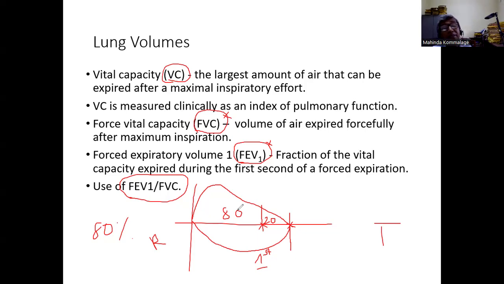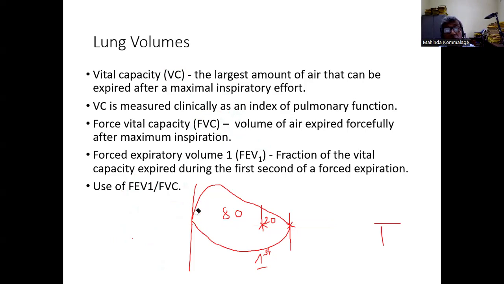To clinically assess the lungs, vital capacity is important, forced vital capacity is important, FEV1 is important, and this ratio is important, right? So these are important values when we clinically try to diagnose things and assess lung function. I will use some other diagram later to describe them.